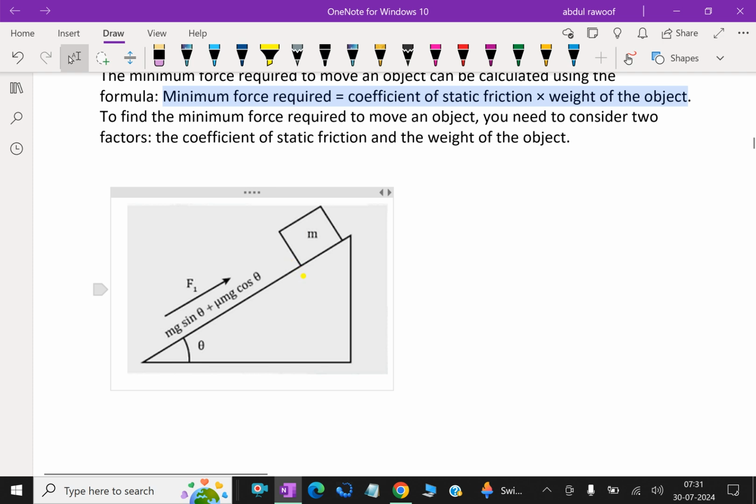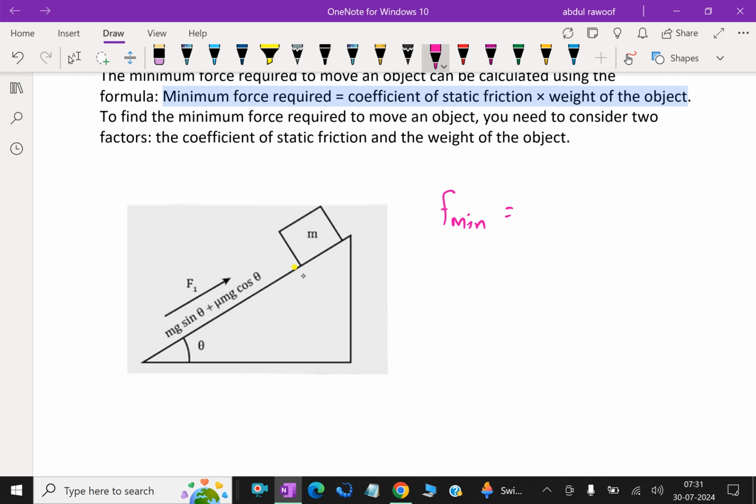Therefore, F minimum, the force minimum required to move, that is, to stop and just start moving upward, is mu mg over square root of 1 plus mu square.